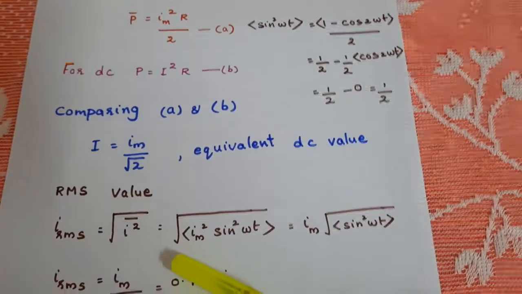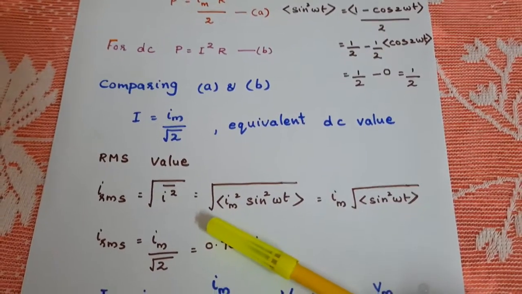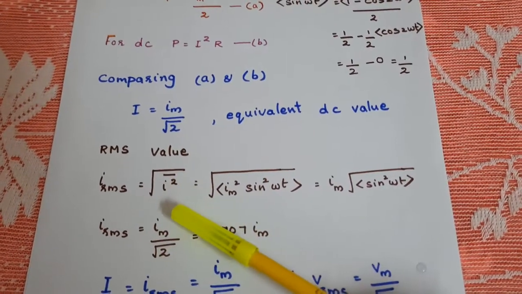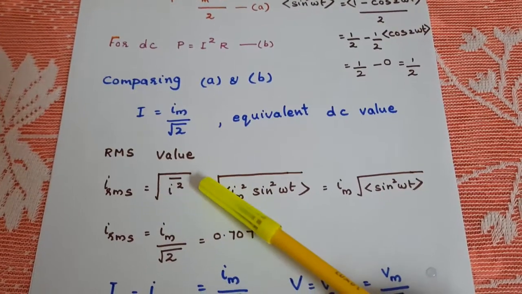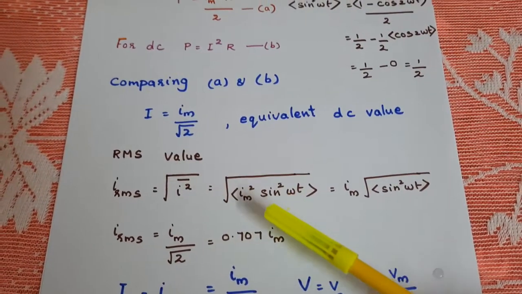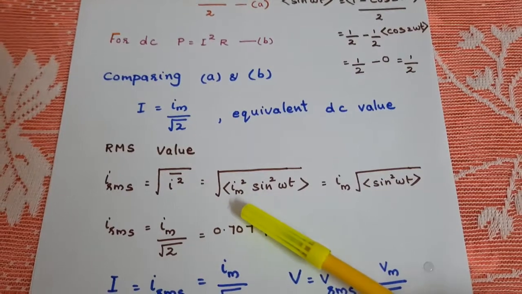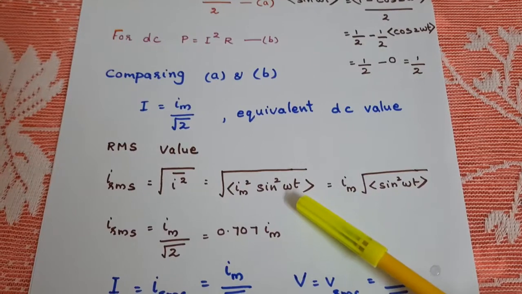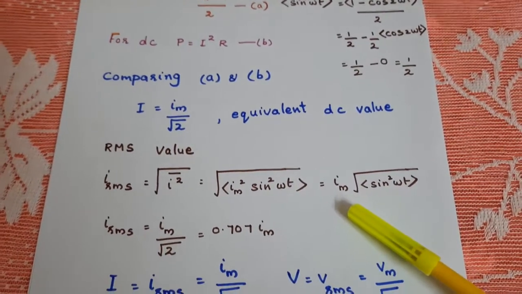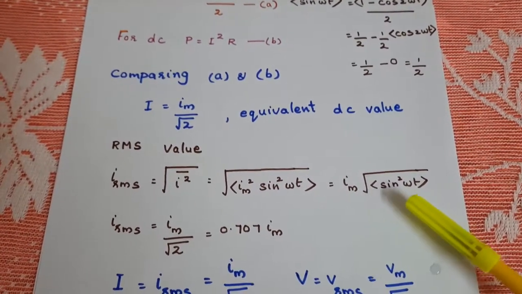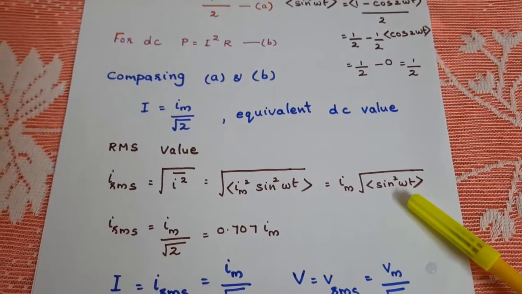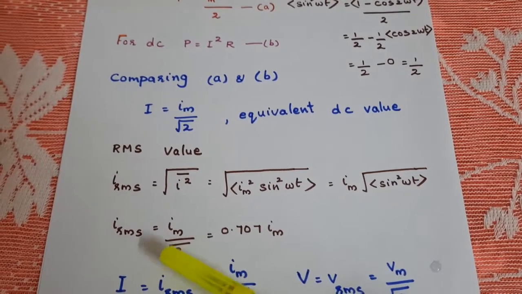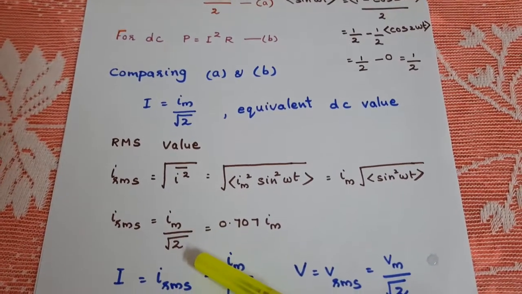If we take the RMS value, that is root mean square value of the current, I RMS is equal to the square root of I square bar. That is the square root of the average value of I square, Im square sin square omega t. That is equal to Im into the square root of the average value of sin square omega t, that is half. So RMS current is equal to Im by root 2.